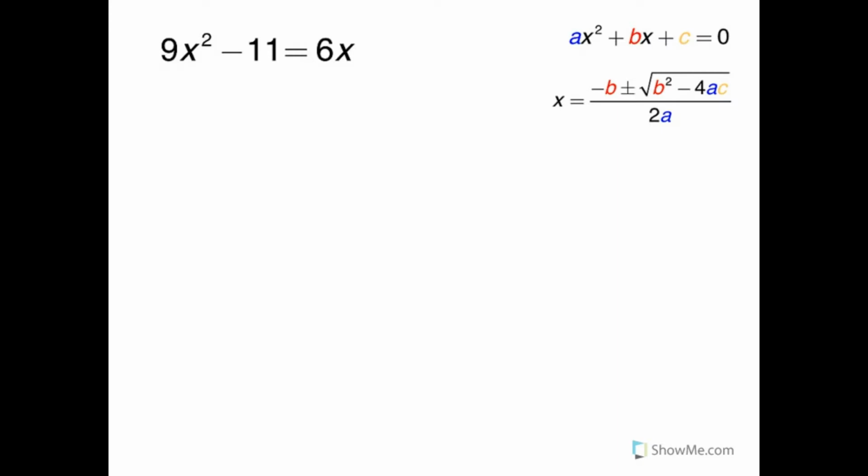So I'm going to first rearrange it in the right order so that I know what A, B, and C are. I need 0 on one side, so I'll start by subtracting 6x from each side. That gives me 9x squared minus 6x minus 11, and I can see that A is 9, B is negative 6, and C is negative 11.